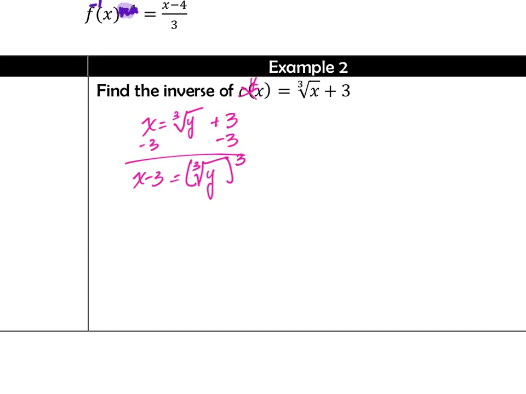Whatever this little root is here, that's what power I would take it to. And if I cube it on one side, I've got to cube it on the other side. And then because the cube undoes the cubed root, I've got y by itself. So I've got c inverse of x equals x minus 3 cubed. And that's it. Done.